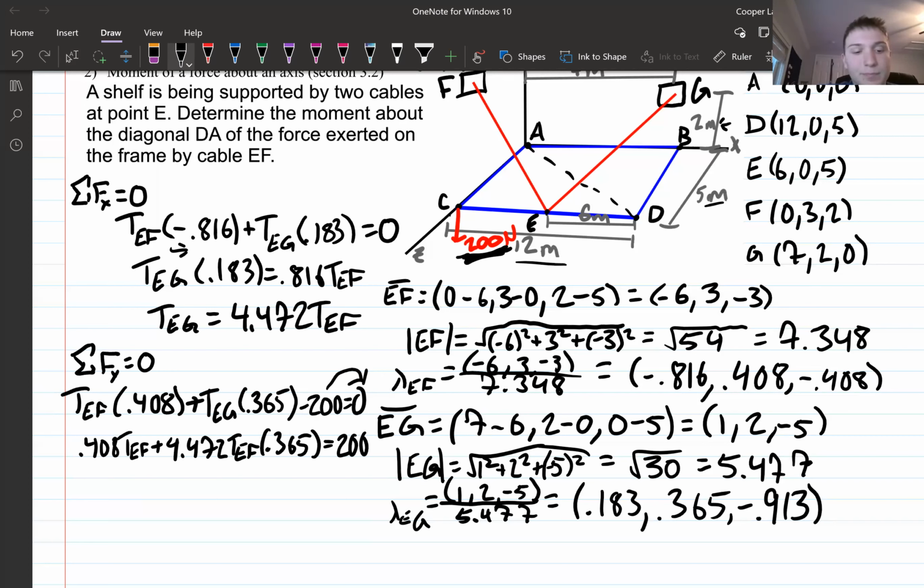Now, given this, I'm going to first multiply out that 4.472 by the 0.365, and then add onto that the 0.408, so basically I end up getting 0.408 TEF plus 1.632 TEF.